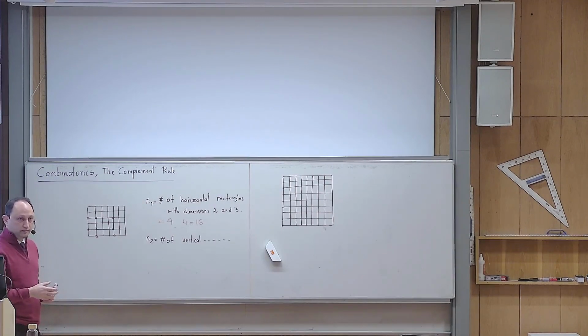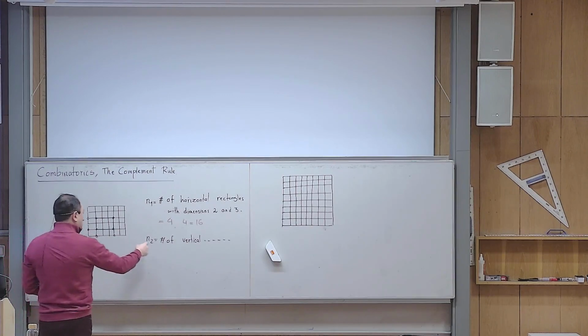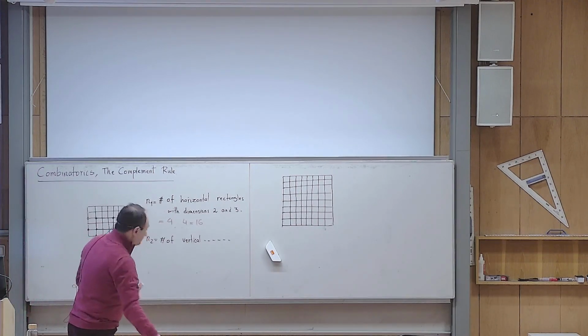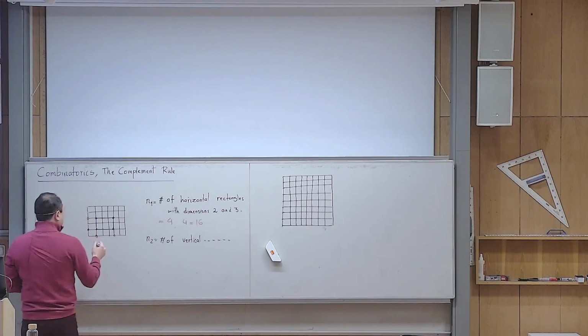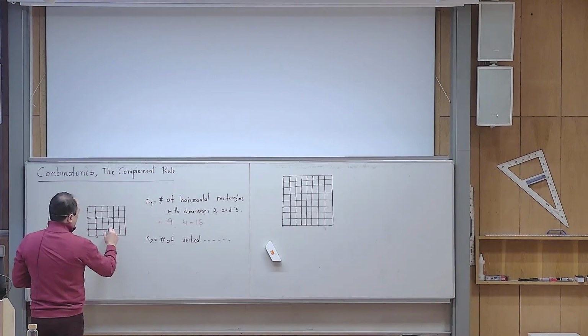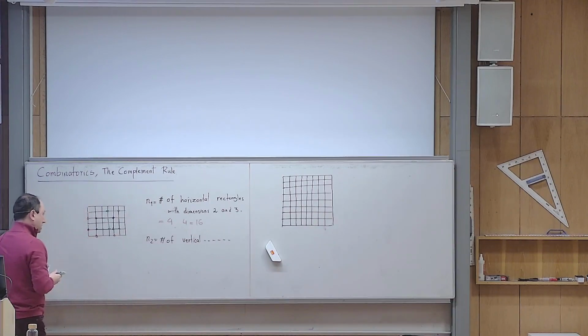Is that clear? Okay, so let us test this idea again. Let me also draw a vertical one here with dimensions 2 and 3. For example, let me draw it from here. This is also one type of vertical rectangle with the same dimensions.